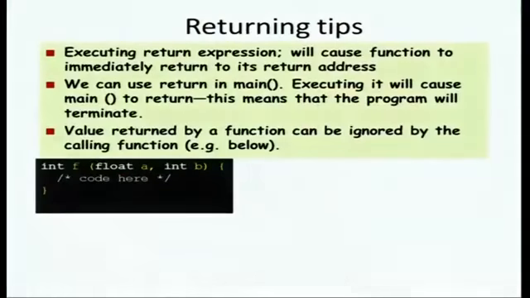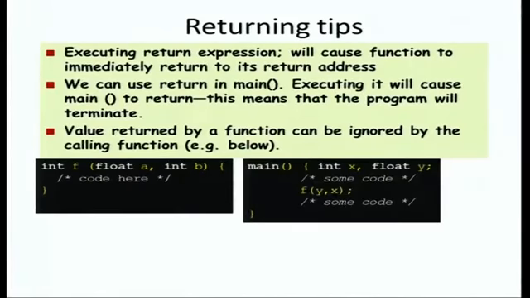Now, when you return a particular value, the calling function may choose to ignore the value. For example, let us say that I write some dummy function int f, and it takes two arguments, float a and int b, okay, and we have some code here. And then I have the main function in which I have two variables, int x and float y, and then I have some code.